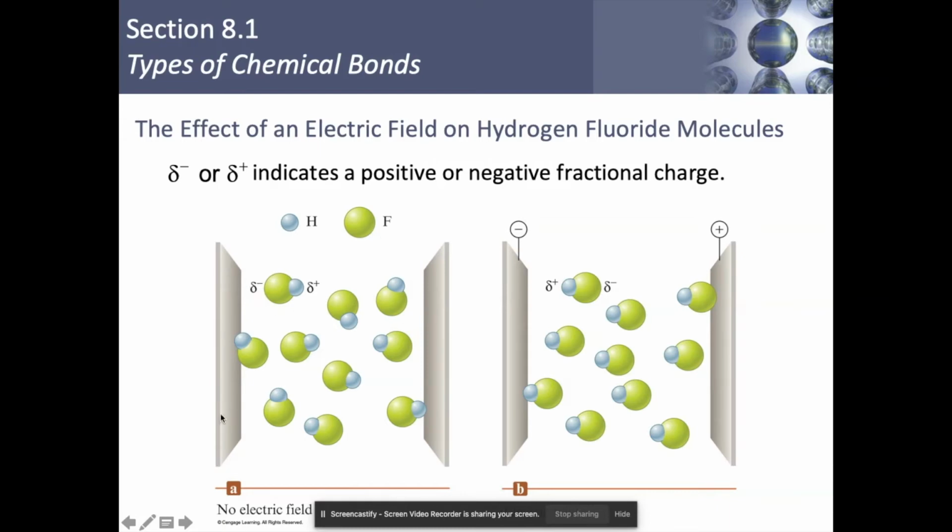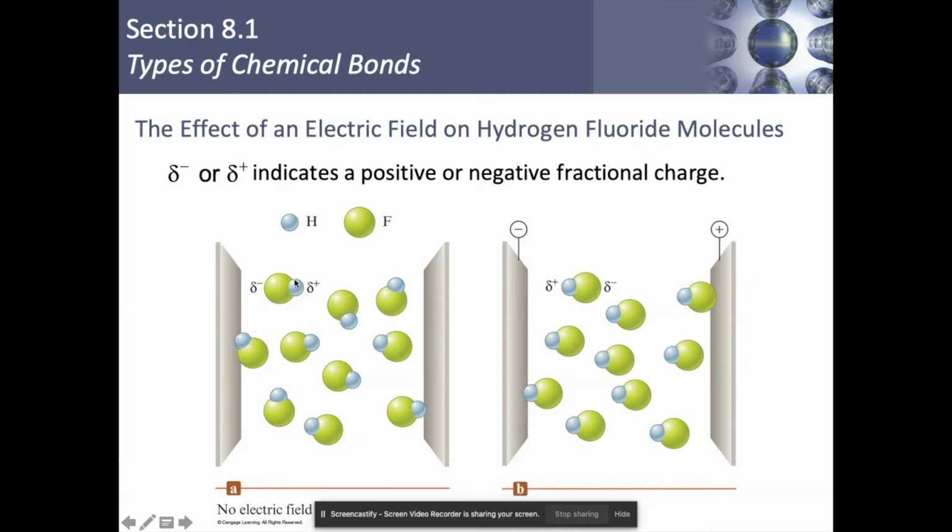And so if you have these two pieces of metal, and you decide to put an electric charge through them, what you'll see is that all of the molecules start to line up so that the partial positive charges are facing the negatively charged metal panel, and the partial negative charged fluorines are going to face the positively charged panel.